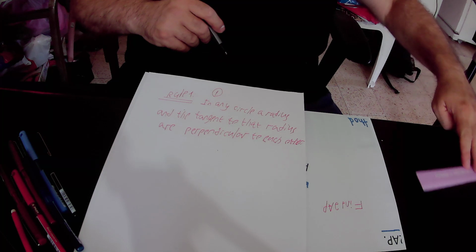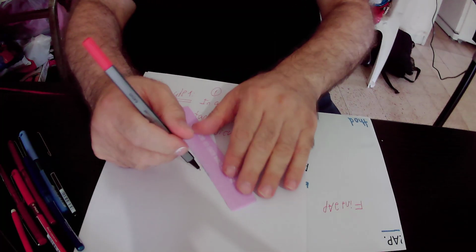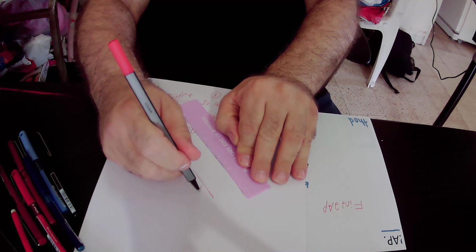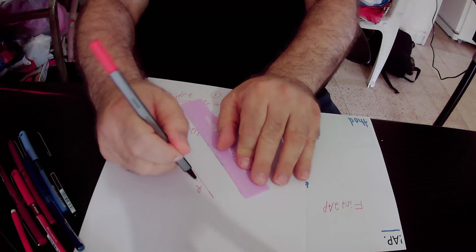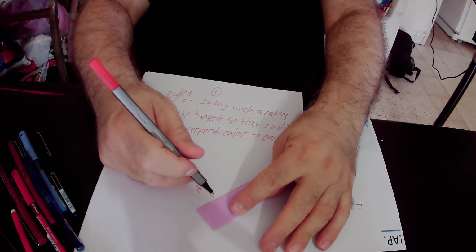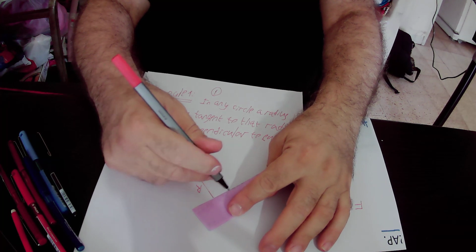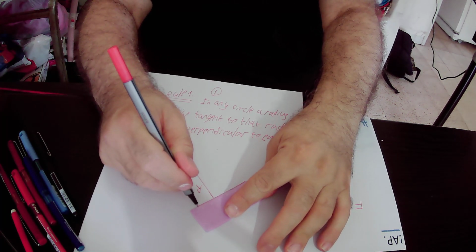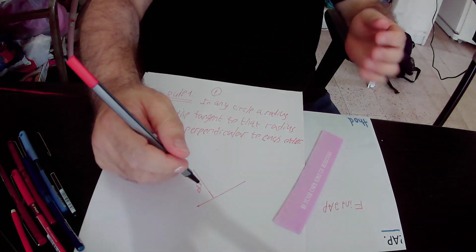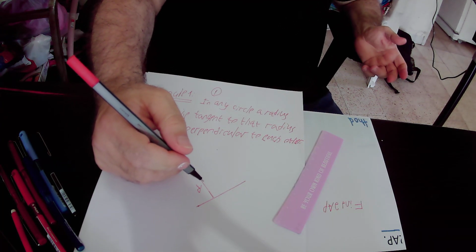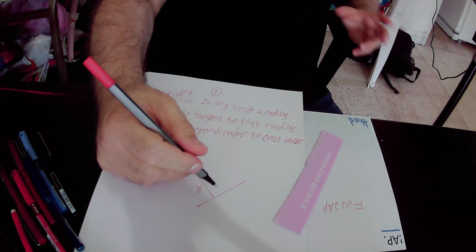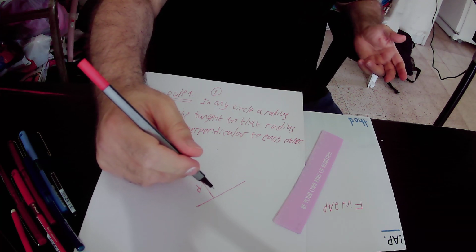So if we have a radius, let's call it R, and a tangent to that radius, as you know, a tangent to a radius is also a tangent to the circle, of course.